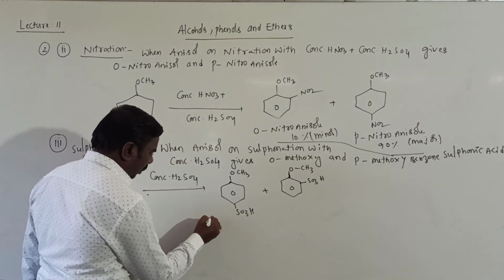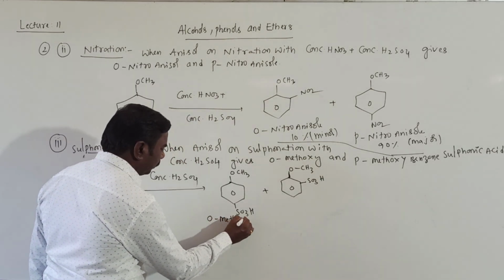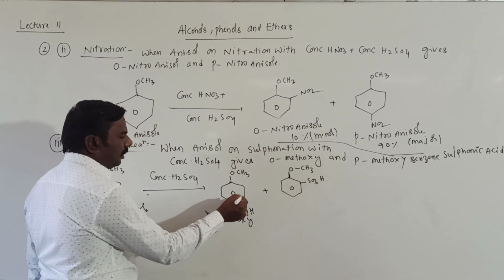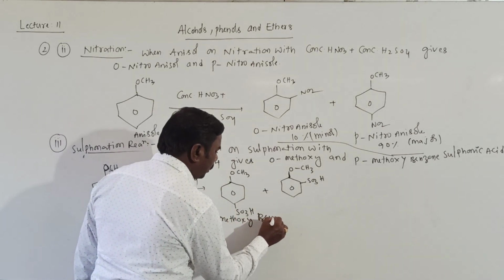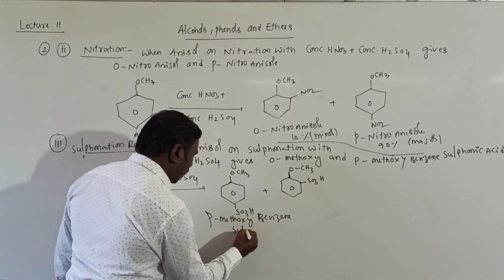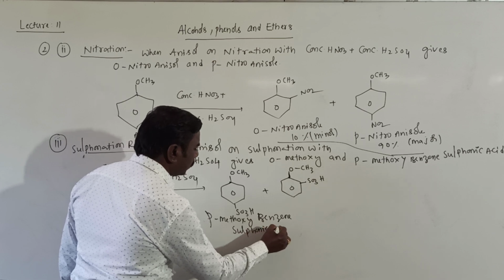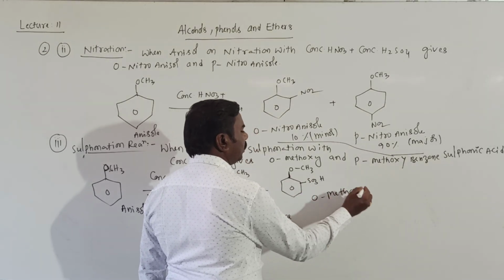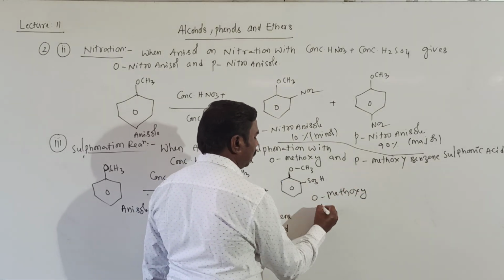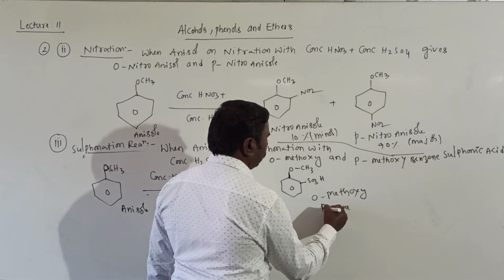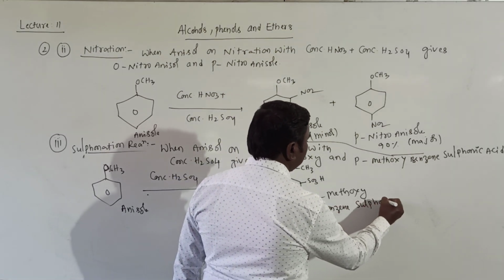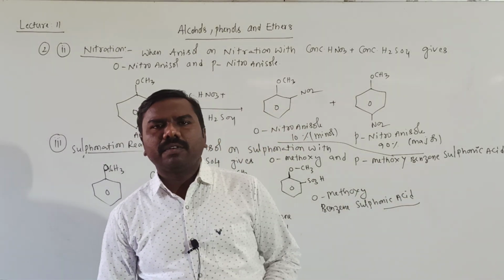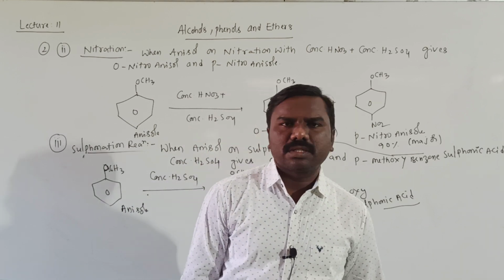So this is paramethoxybenzene sulfonic acid, and this is orthomethoxybenzene sulfonic acid. Getting it, all of you? So this is about the third reaction, sulfonation.